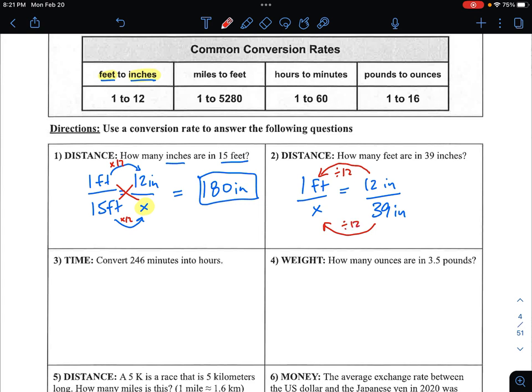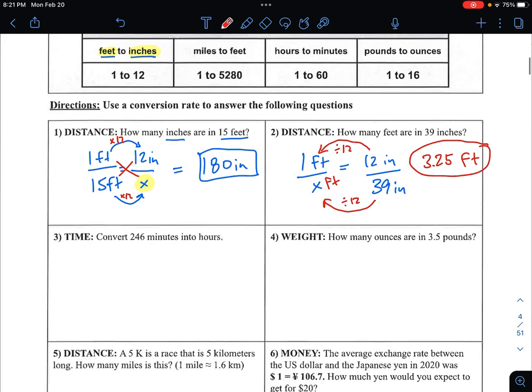You can also do cross products if you are more comfortable with that, which is 1 times 39, 12 times x, and then you'll end up solving a one-step equation. But let's go ahead and, what is 39 divided by 12? That ends up being 3.25. 3.25 what? 3.25 feet. So 39 inches is 3.25 feet.